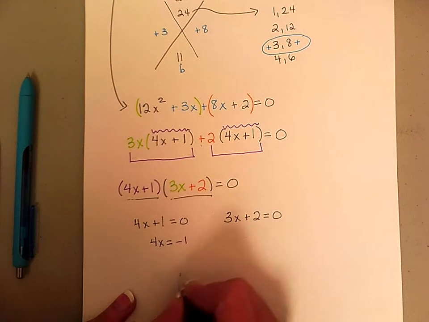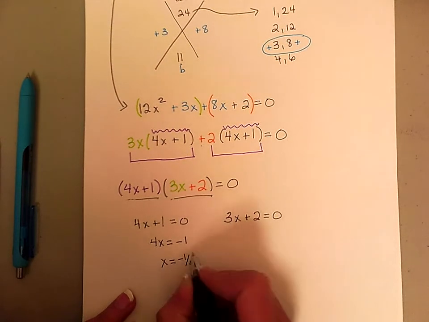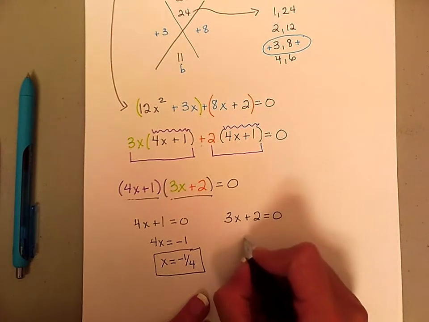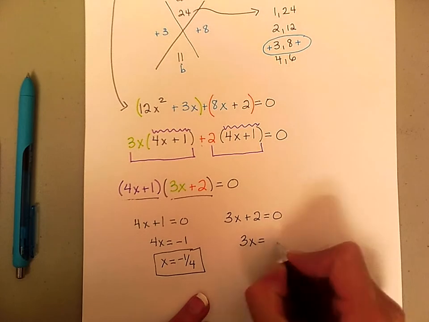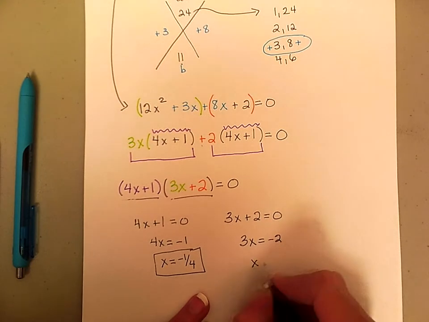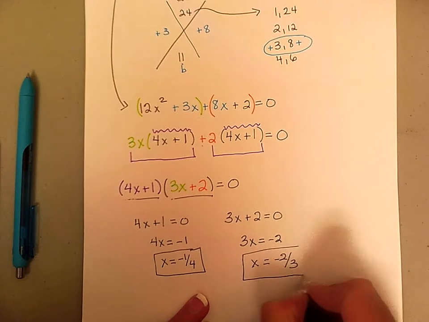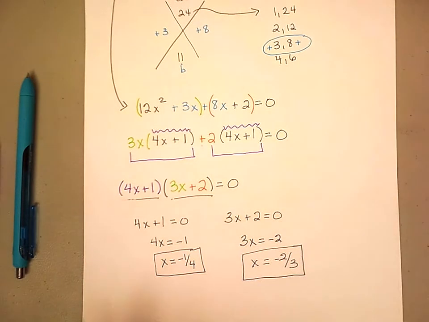So 4x is equal to negative 1, and x is equal to negative 1/4. Here, subtracting 2, 3x is equal to negative 2, so x is equal to negative 2/3. Again, we get two solutions here.